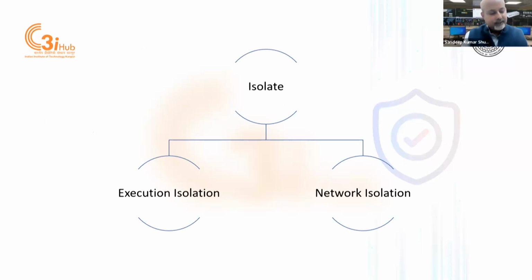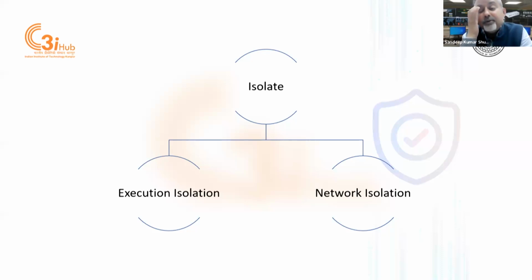The next tactic is about isolating. Isolating is important, because once you detect that a system has been compromised, you do not want privilege escalation, lateral movement, discovery, reconnaissance, etc. to spread to the rest of the system.